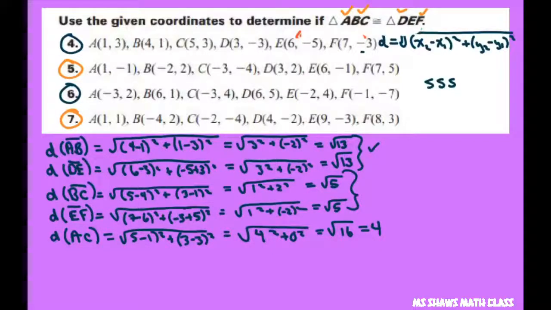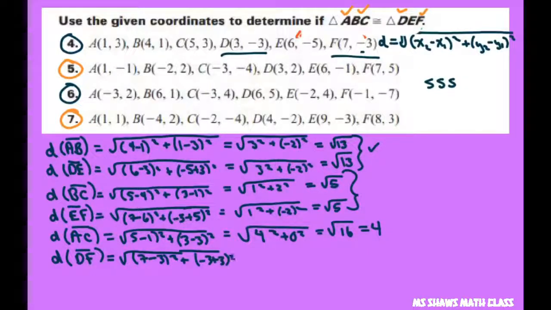And now we're doing the distance of D to F, so we're using these two. 7 minus 3 squared plus negative 3 minus a negative 3, so that's negative 3 plus 3 squared.